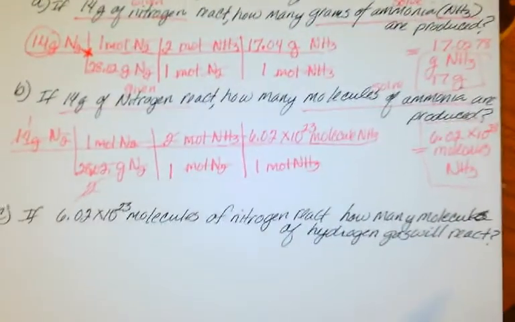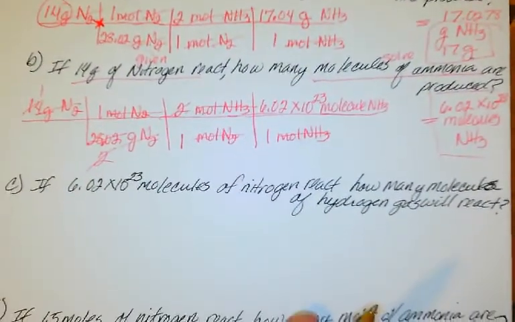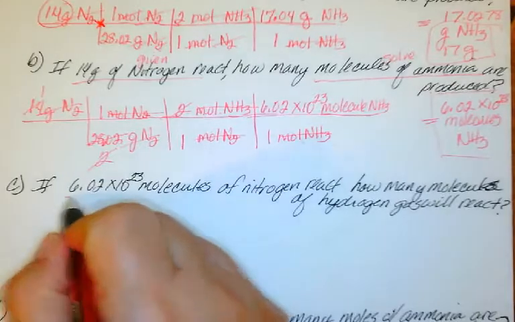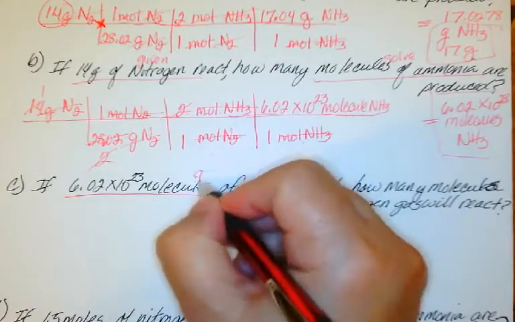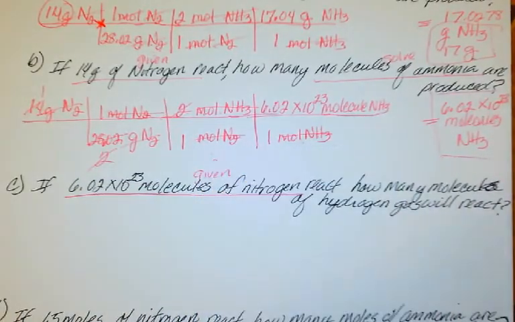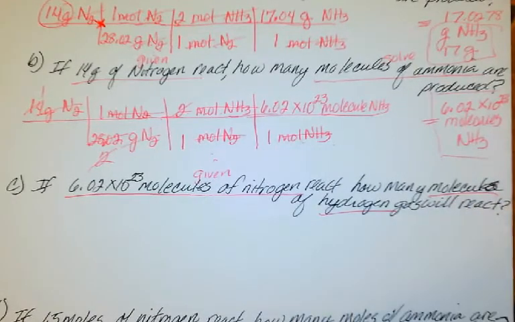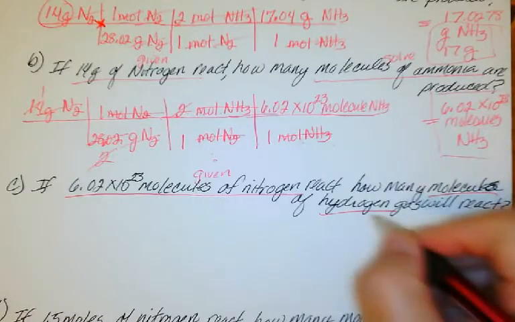All right, so let's go on to part C. Part C says if 6.02 molecules of nitrogen react, this is my given, how many molecules of hydrogen gas will react?